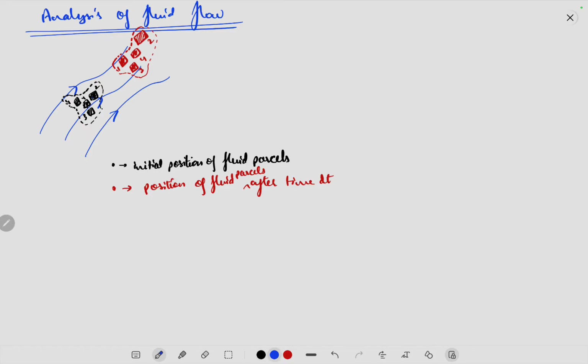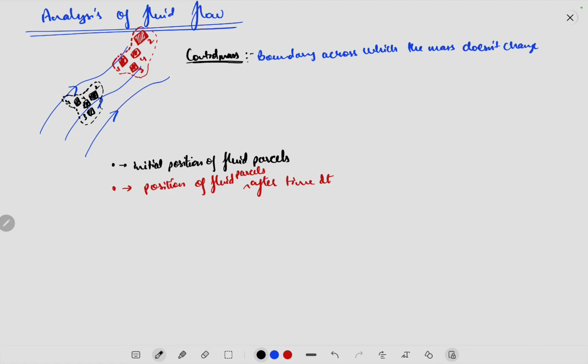Then this boundary, across which the mass does not change, is called control mass. So control mass is nothing but a boundary across which the contained mass does not change.